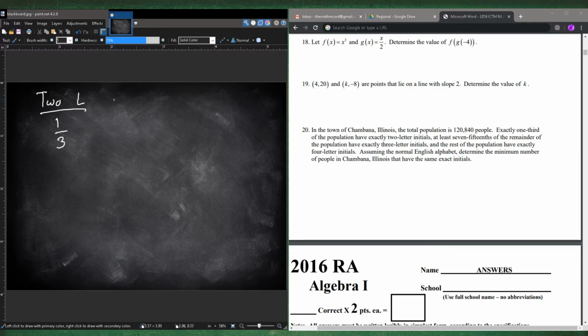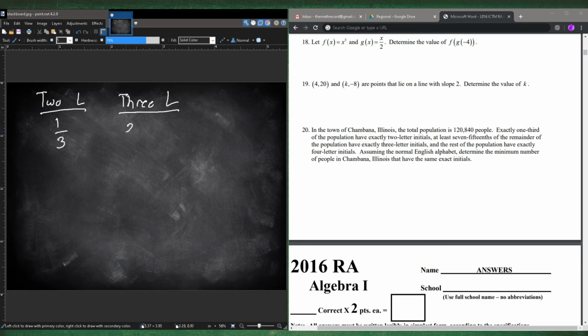So of the remainder of the population, we have three letters now. If they have a three letter initial of their name, it's at least 7/15 of the remainder.